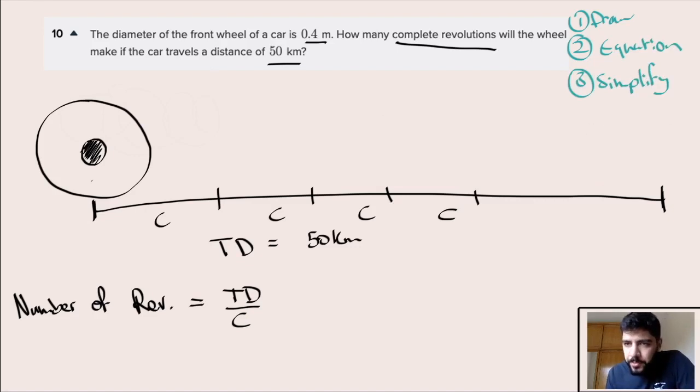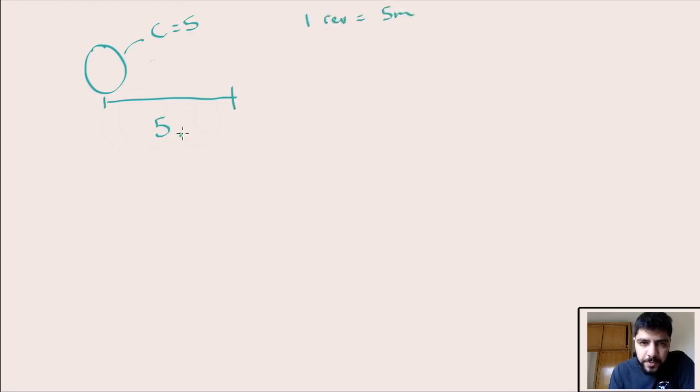And let me actually get a blank page here. If I have a wheel, and let's say the circumference is equal to 5. If it just goes 1 revolution, it'll move 5. So 1 revolution is equal to 5, let's say, meters. If it goes 2 revolutions, then that's another 5 meters. So 2 revolutions is going to be 10 meters, right?